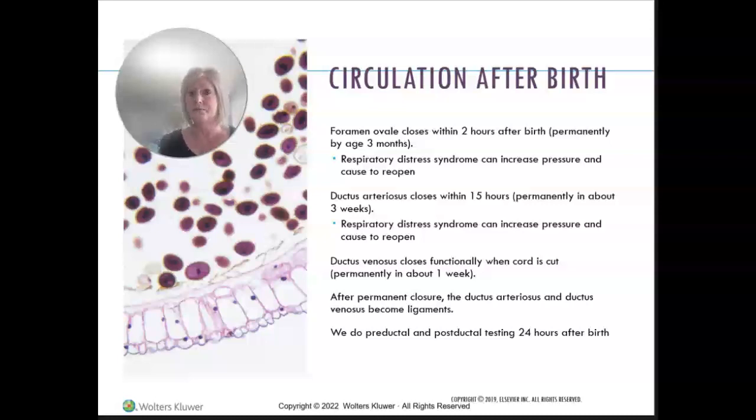So just know, right after delivery, as long as everything goes like it should, like it does probably 90% of the time, the babies take the deep breath, things shut down, babies start to breathe good. But if we have a baby that's premature, a baby that's born to a diabetic mom, or a baby born to a mom with preeclampsia, sometimes those babies can develop some respiratory distress because their lungs aren't mature or their lungs aren't ready to start circulating yet.